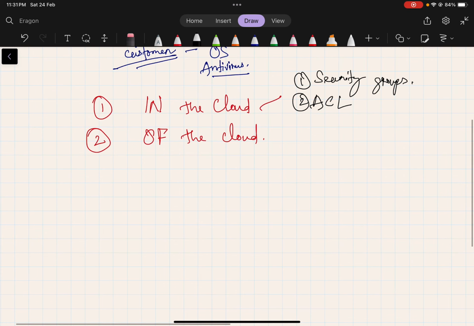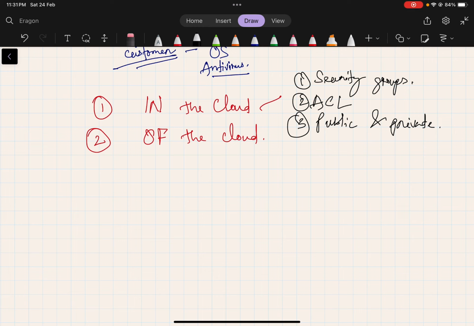And then public and private instances: whatever you need to keep public should be public, and whatever should be private has to be private. One more example in the cloud is security antivirus.